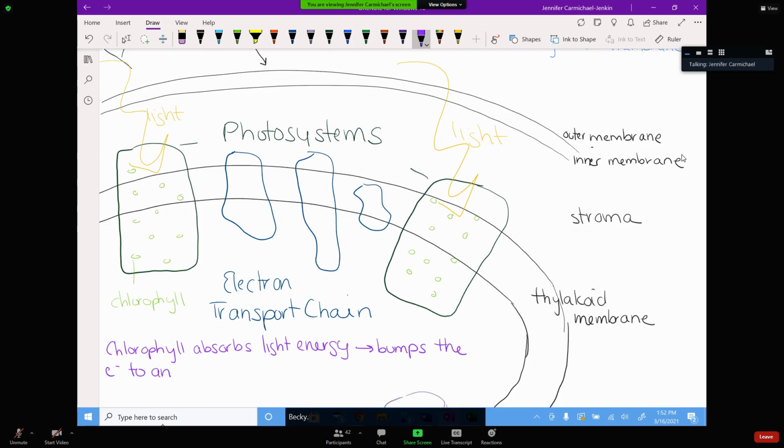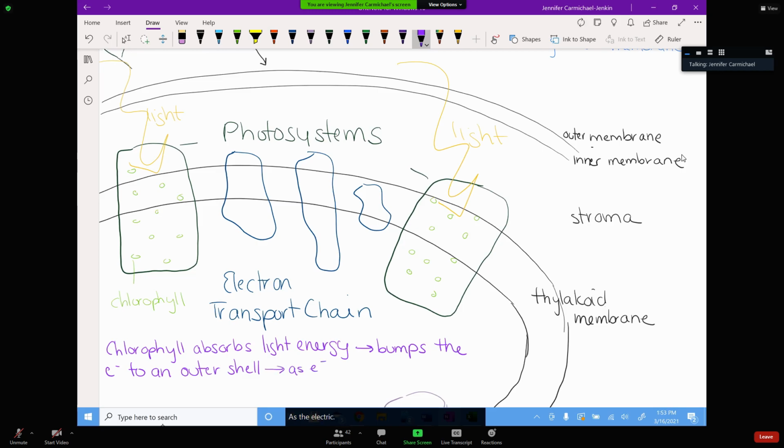That gave them more potential energy. That bump in potential energy is short-lived.